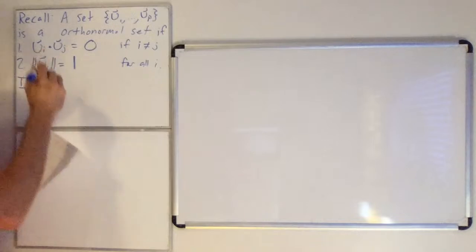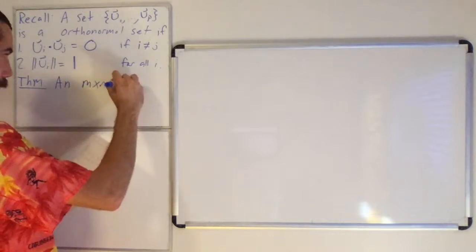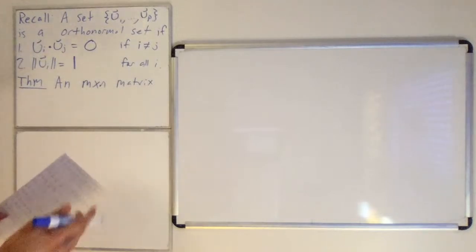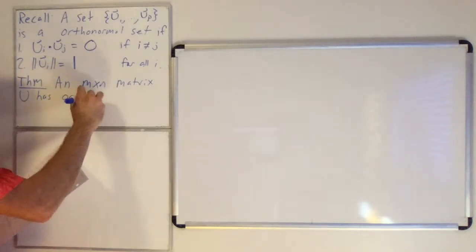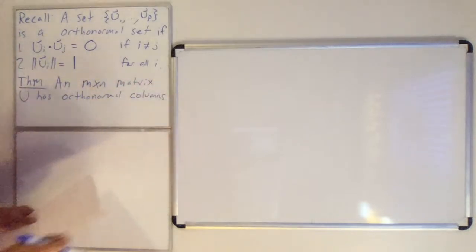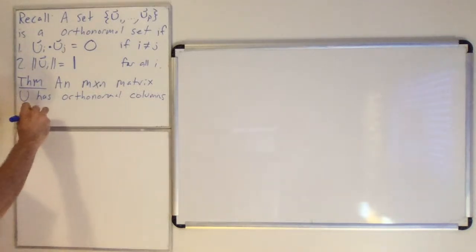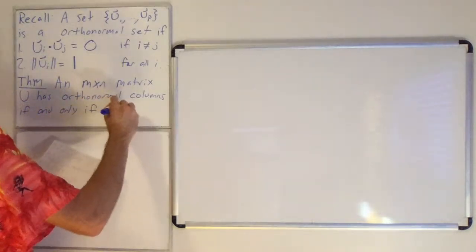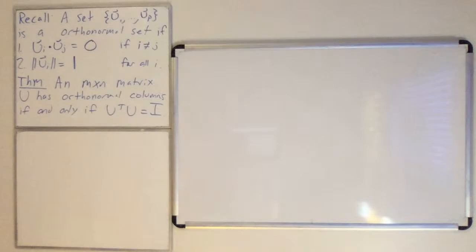The theorem says an m by n matrix, which we'll call U, has orthonormal columns if and only if U transpose times U is equal to the identity matrix.